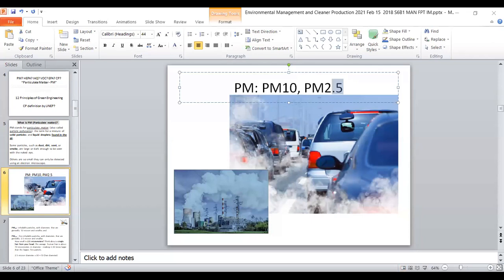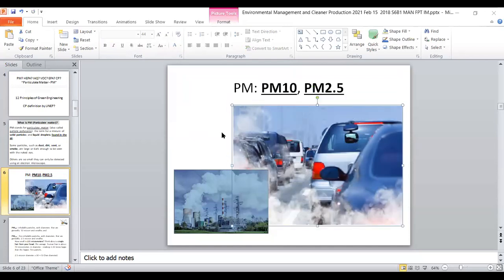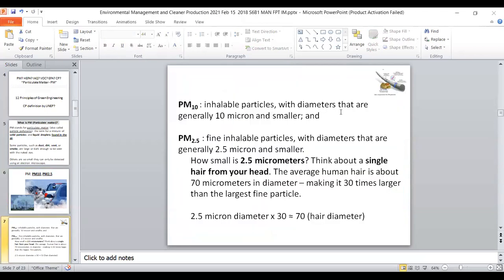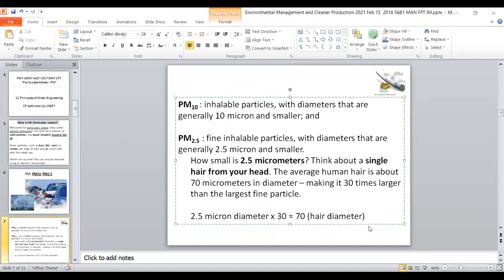Those are the industrial standards of categorizing particulate matter, PM10 and PM 2.5. This knowledge is very important. Next slide, this is about what PM10 and PM 2.5 are.